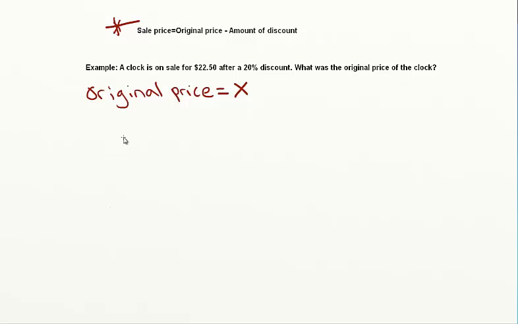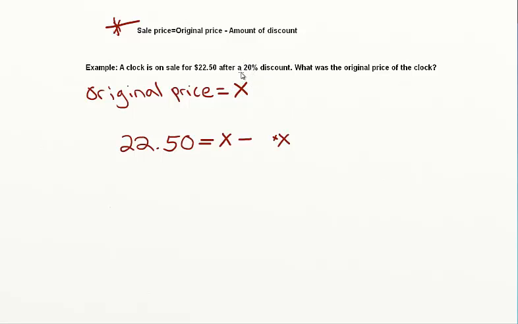We know the sale price was $22.50, and then that is equal to the original price, which is just x, minus our amount of discount. So remember, our amount of discount is our original price, x, multiplied by our rate of discount.